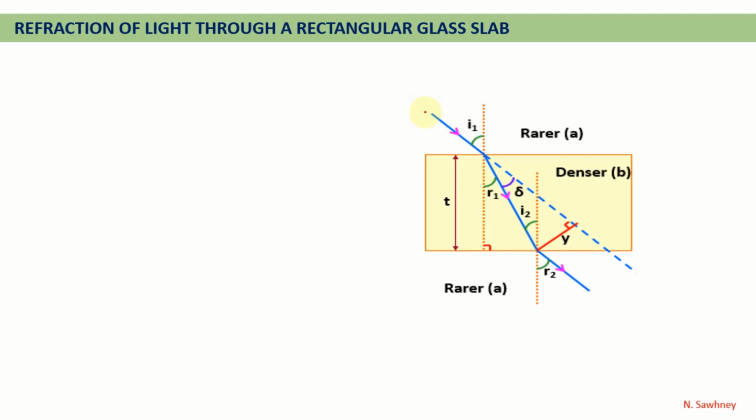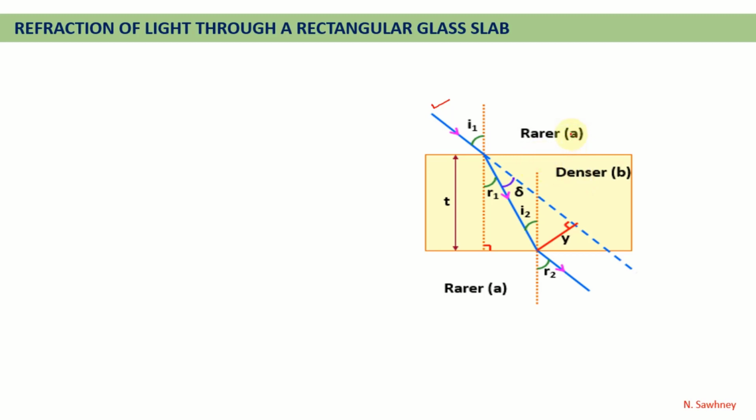Now let us study refraction of light through a rectangular glass slab. For this, consider this figure. Here, this is the incident ray which is striking the interface of the two media, where one medium is the rarer medium and the other one is the optically denser medium.